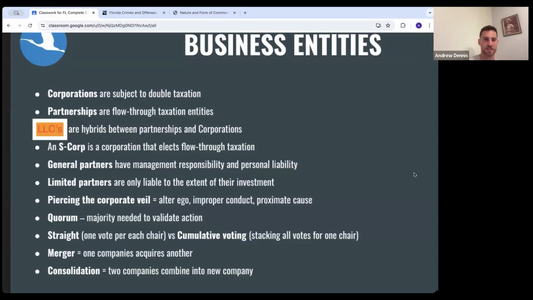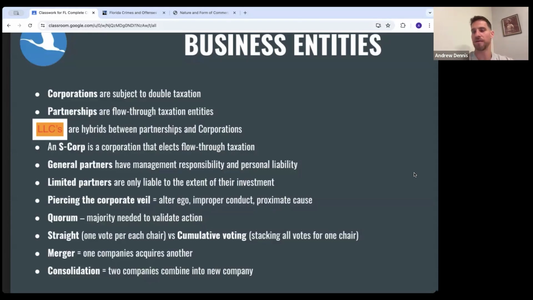They're elections. C corps that elect to be S corps are electing flow through taxation, so they have flow through taxation and limited liability. And then LLCs are partnerships or sole proprietorships or whatever it may be that elect limited liability. So they have flow through taxation and limited liability. That's the same with an LLC, an LLP, and an S corp. A GP, a general partnership, means that there's all general partners.